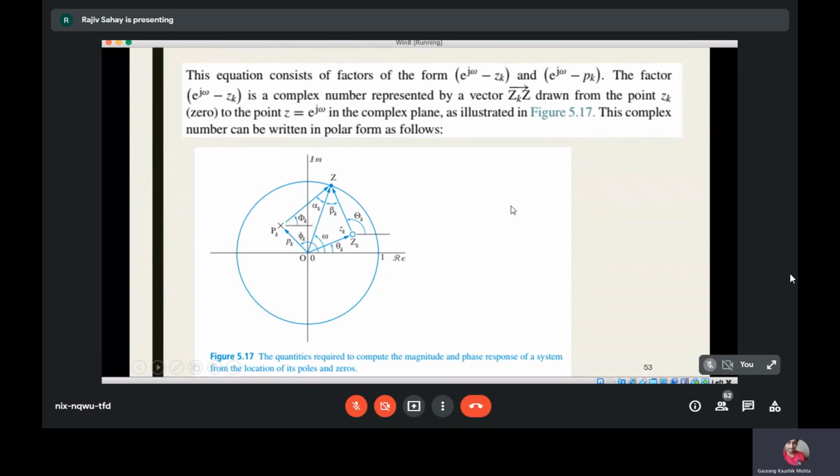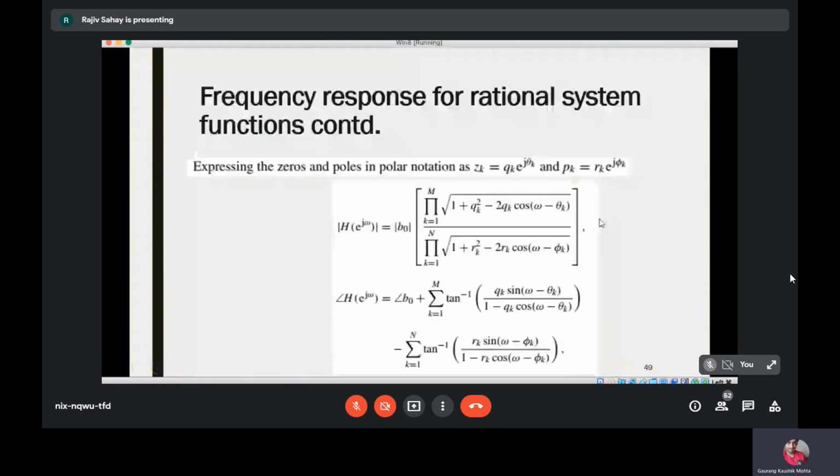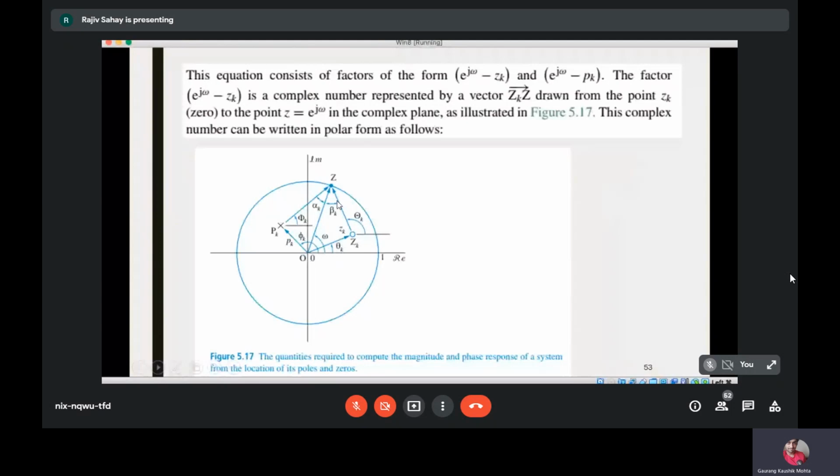This is 1. So this guy will be 1 minus qk. If you add 1 minus qk, you will get 1. So by vector addition, you can find out the length Zk to Z. So this term, you can find out the length. Similarly, you can find out this guy, Pk to Z, which corresponds to this particular term.